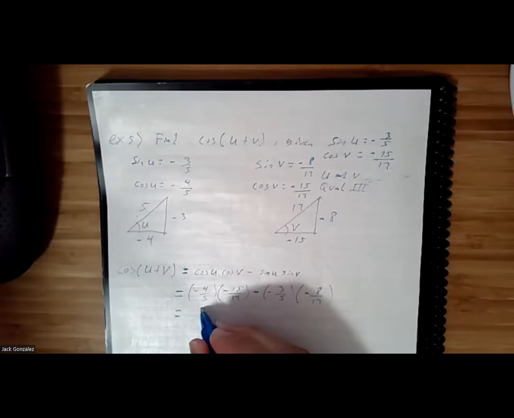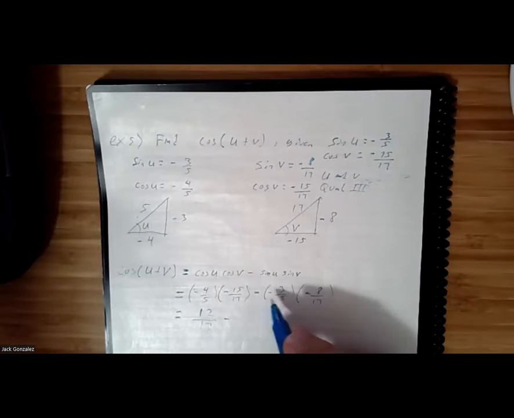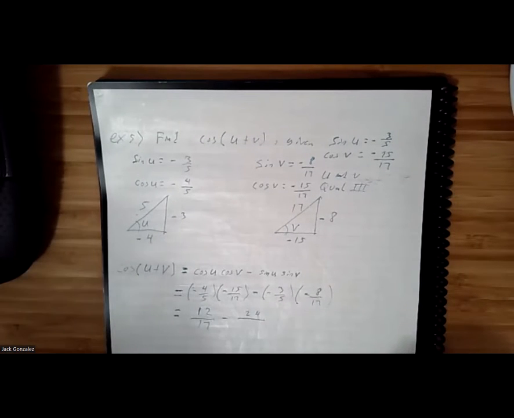-4 times -15. Okay, 5 would go into there, right? 3, so that's actually just a 12. Minus, minus, minus. Well, that's going to be a minus. 3 times 8. 5 times 17. What is that? That's 85.